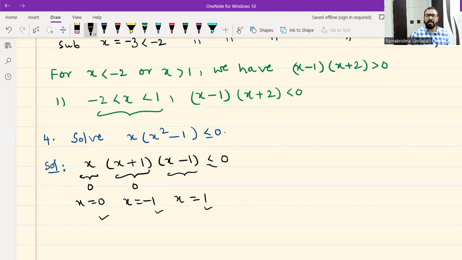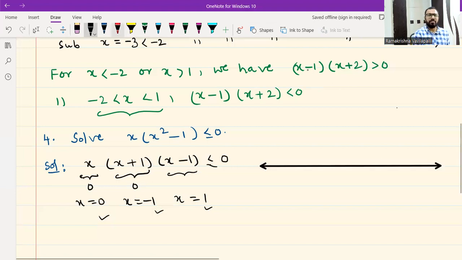Means the given product is 0 at x equal to 0, or at x equal to minus 1, or at x equal to 1. So let us plot these values on a real line. So here I am keeping minus 1, here 0, here 1. I'll apply the same procedure which I explained in the previous example.